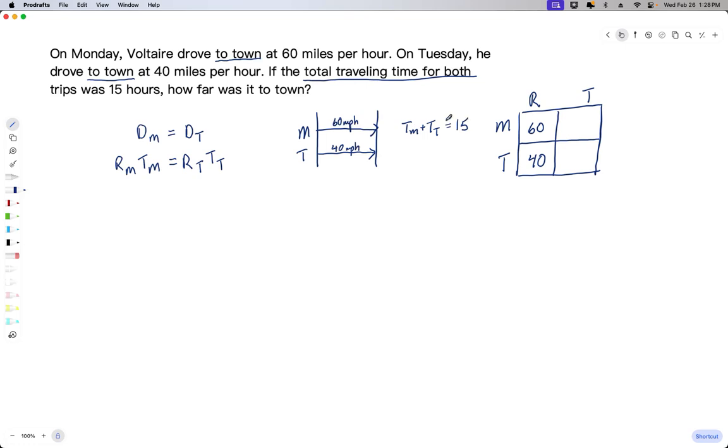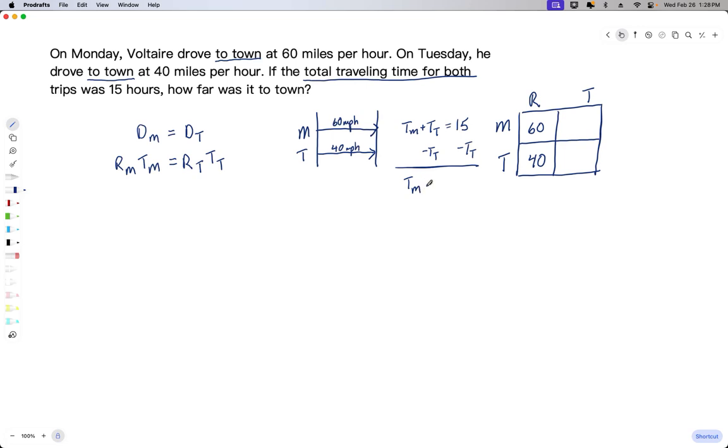Now, I don't have individual values for time, but I can create a substitution value by subtracting one of these from the total. So I'm going to subtract the total time on Tuesday from both sides. And what that does for me is it finds the value of Monday's time.